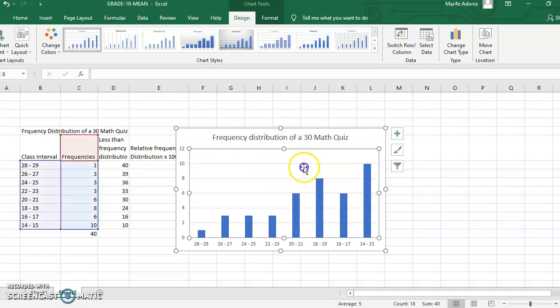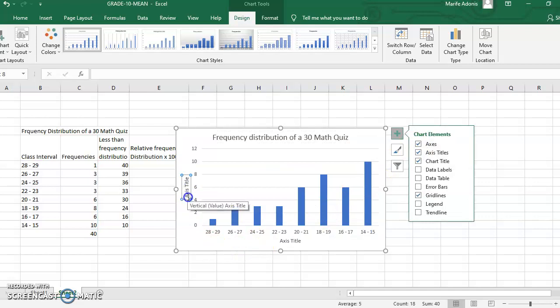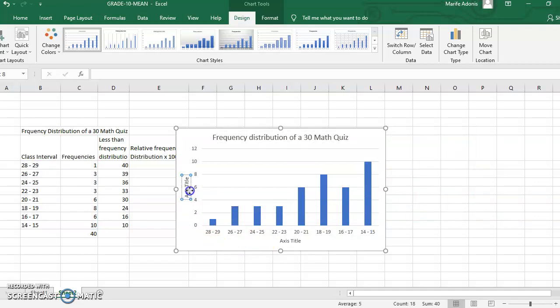Ayan. Then we will add the name of the axis. Okay. So, ano pangalan ng axis? We have the frequencies. And then, yung horizontal axis is the class interval.